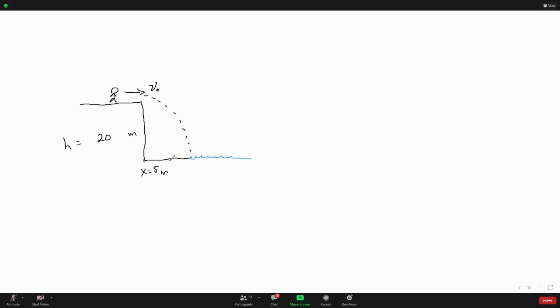Okay, what is the V0 that he has to jump off the cliff with in order to hit the water instead of the rocks? Well, the equation of the path is y of x is x tan theta plus g x squared over 2 V0 squared cosine squared theta.